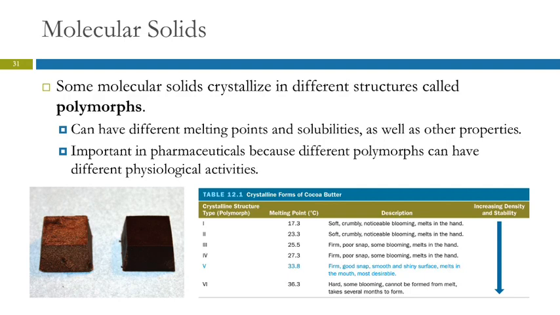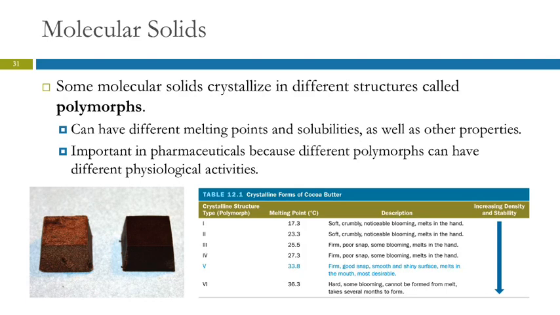So you can have the same compound in different crystalline forms. Those are called polymorphs, and those polymorphs can have different melting points, different solubilities, different densities, etc. Because how the molecules are arranged affects how many closest neighbors they have, which affects how strongly they're held together.